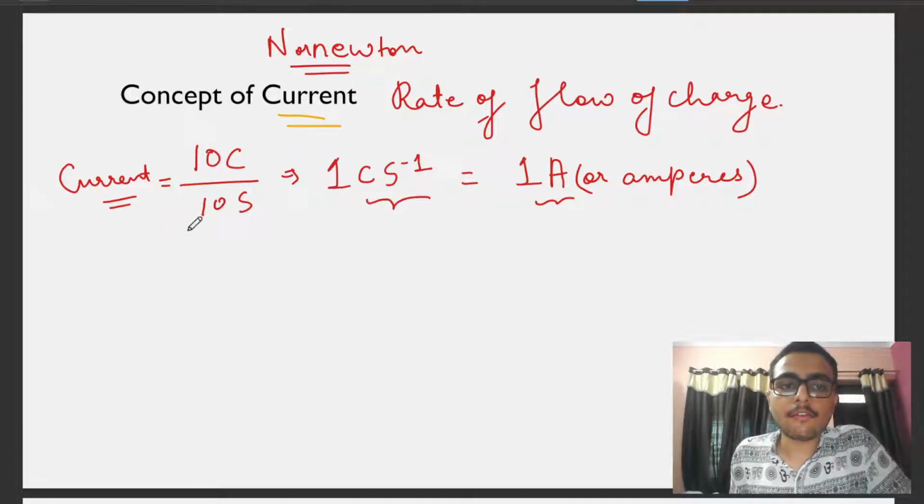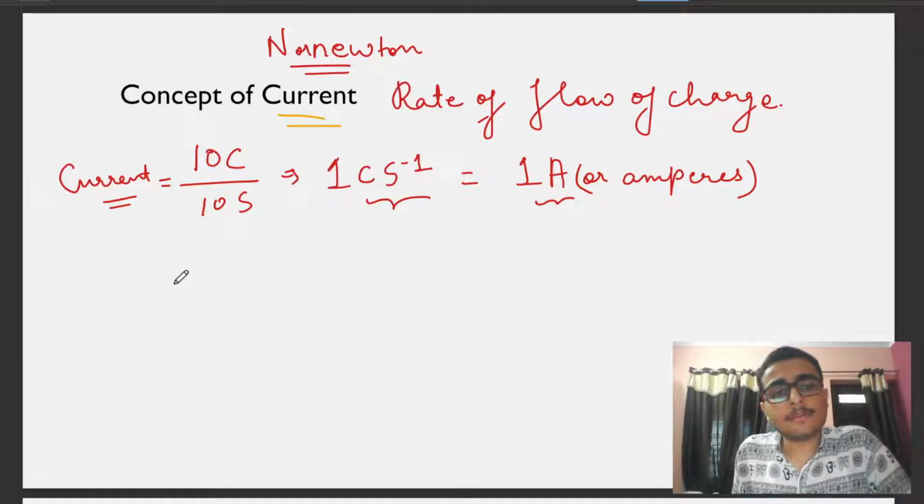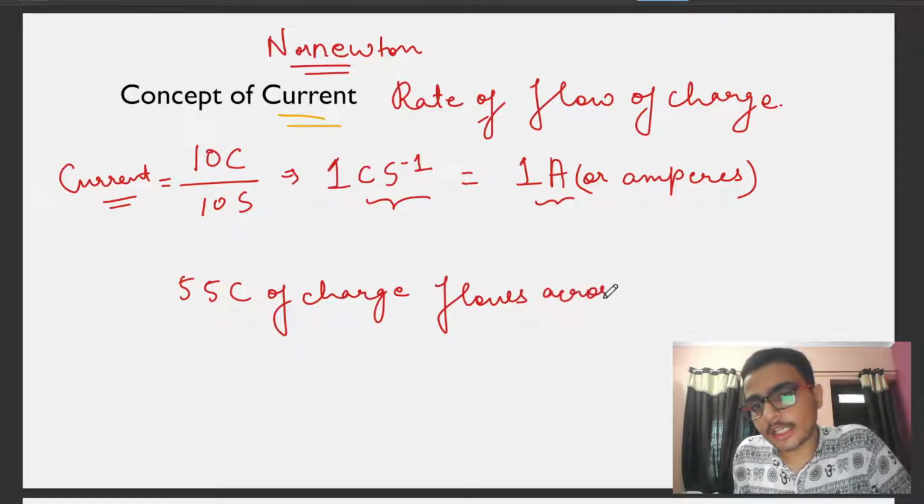Here I have taken a very small example. Now let us take an example: 55 coulombs of charge flows across a conductor. What conductors and insulators are, we'll discuss later.